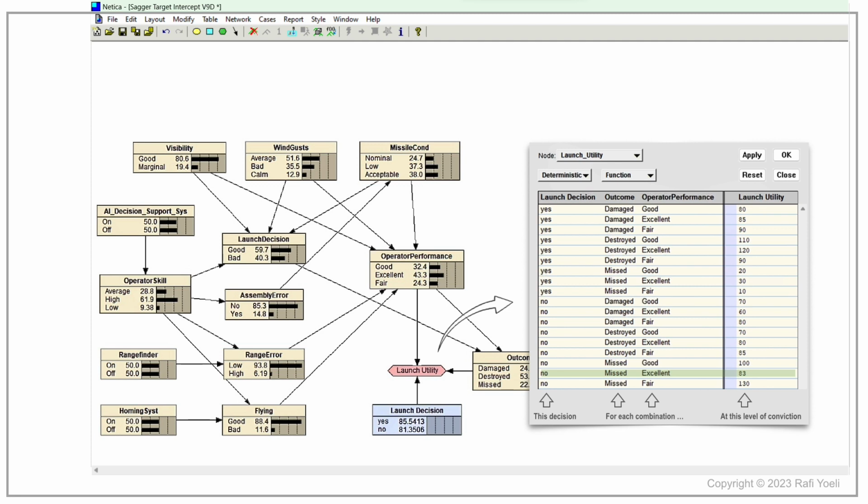But as long as it is still positive, the decision is, no launch. From here onwards the arithmetic is straightforward, the likelihoods of the states on each line are multiplied, and the combined likelihood is then multiplied by the conviction factor on the right. The combination with the highest score is the one with the best decision for the network at its current state.